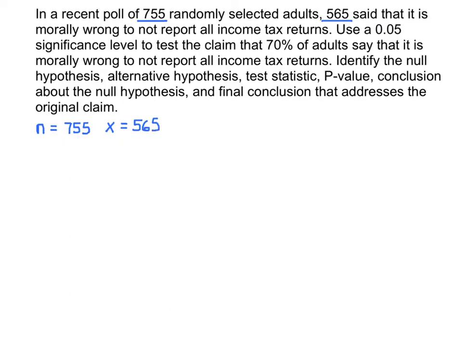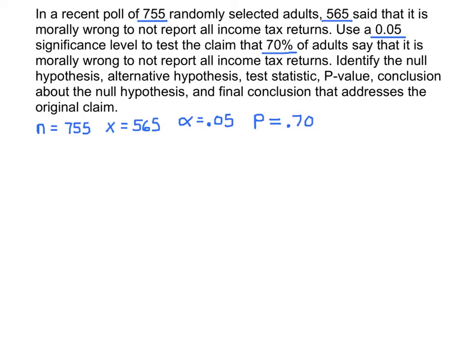We are also given a 5% significance level, so our alpha is 0.05. And then the claim says that 70% of adults say it's morally wrong. So our claim is that the population proportion is equal to 0.70. And there we have it. This is our given.